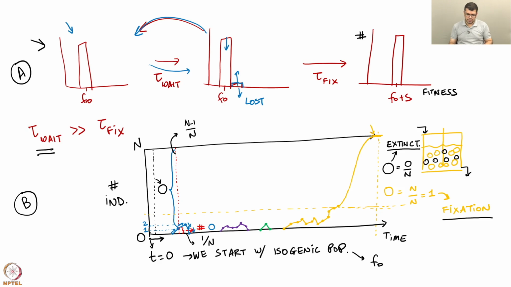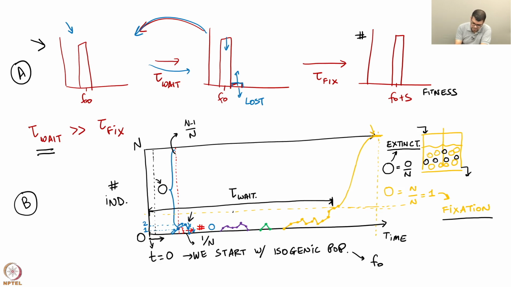Now, in the representation that we have done here, you should note a couple of things. One is that the time it took for a beneficial mutation to come before it could survive the action of drift is this tau weight.